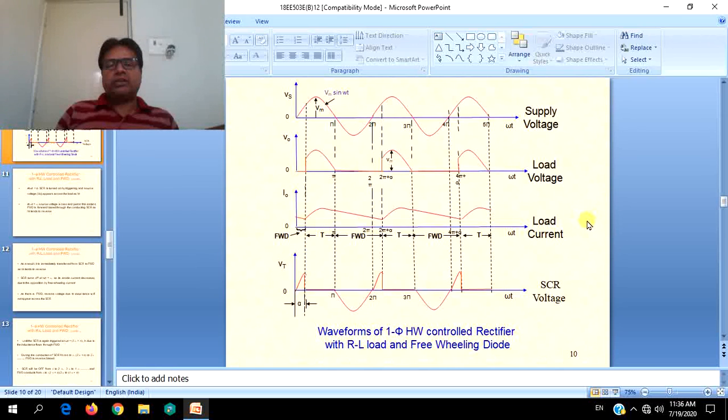So from this we understand that because of the freewheeling diode in the circuit, negative voltage which may appear across the load is blocked and current is also made continuous. As the current has become more continuous, power factor will be improved. As the power factor is improved, losses will decrease, reactive losses will decrease, efficiency will increase. So that is the utility of the freewheeling diode.